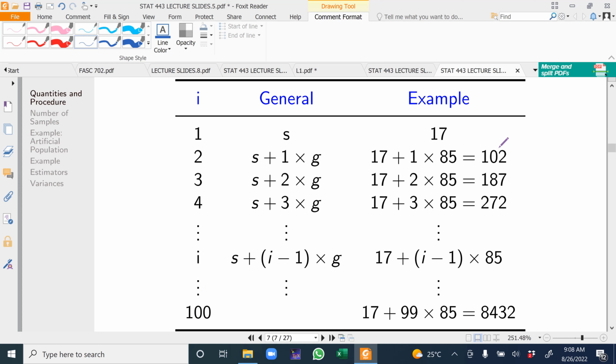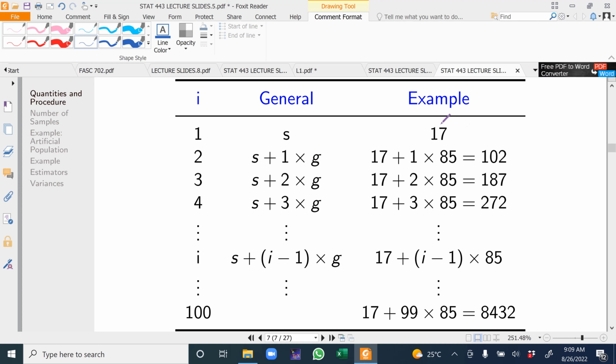So you realize that at the end, once you are able to apply this method through all the population units, you'll end up having the sample size that you are interested in. This is just an example of how you can select a sample using systematic sampling. Remember, you need to identify the jump G and also the random start.